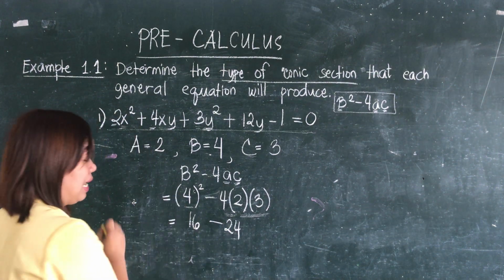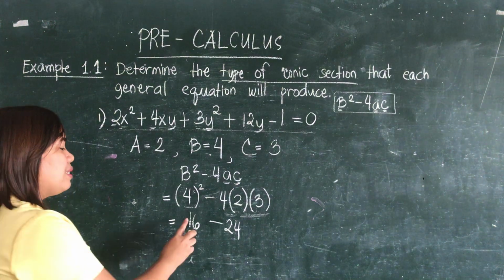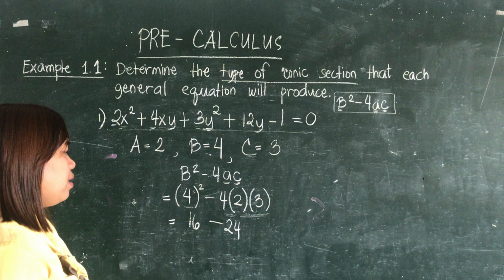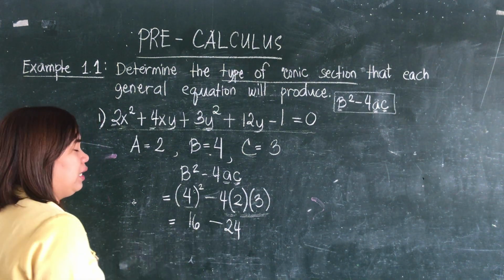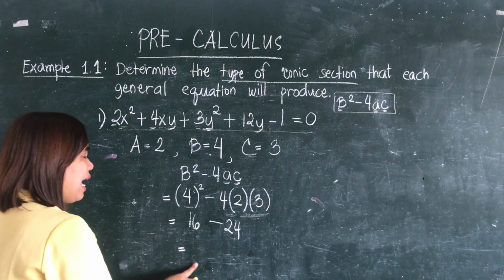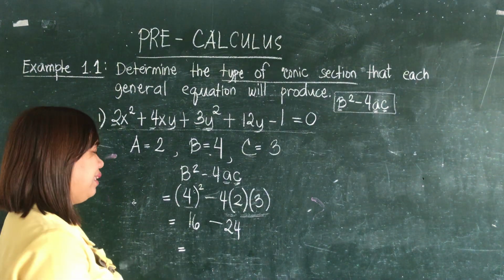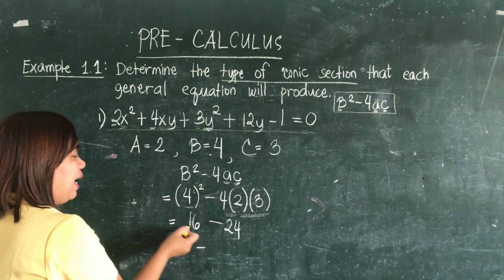So put equal sign. The next one is to simplify now. 16 minus 24. What do you get? Since 24 is larger than 16, we will follow the sign of the larger number based on the rules of our signed numbers. So we put negative 24 minus 16.